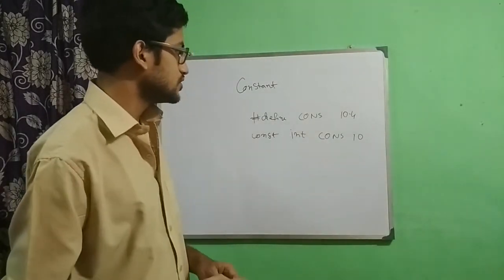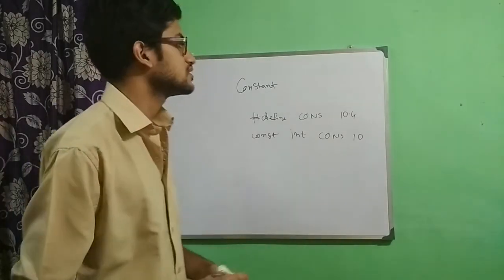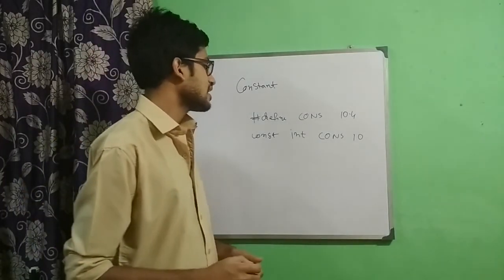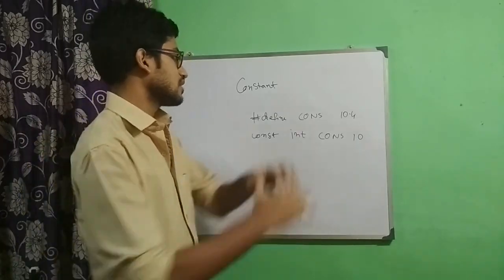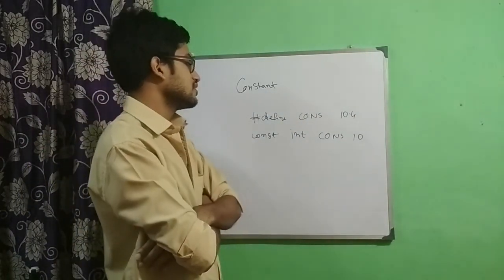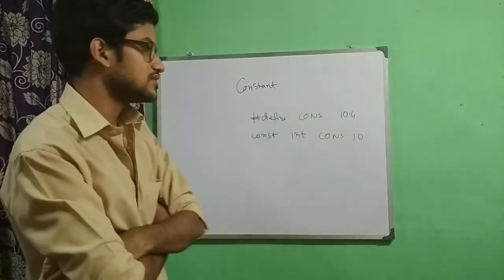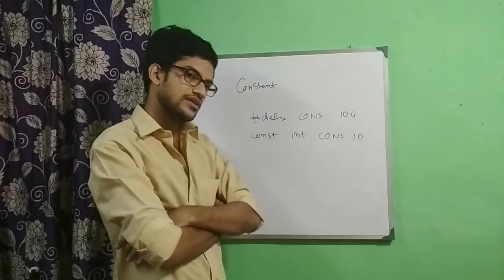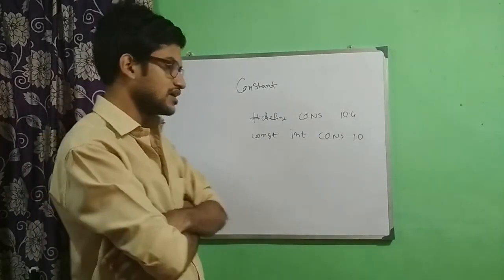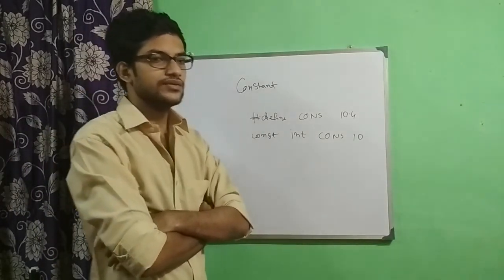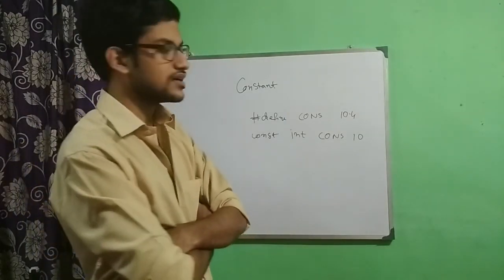So we should always go with the convention, which is to write the identifier in uppercase. If you do not use uppercase, you can write in lowercase, but the compiler will not give any error.